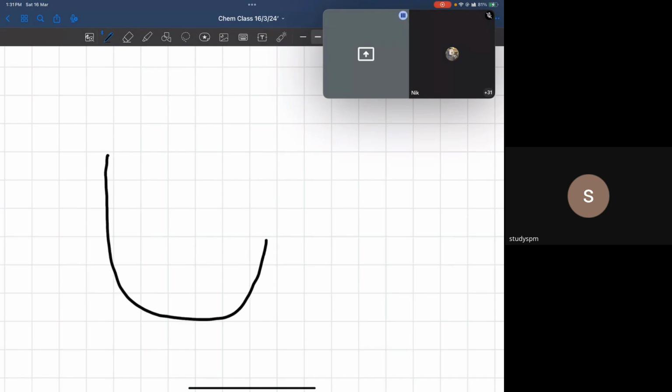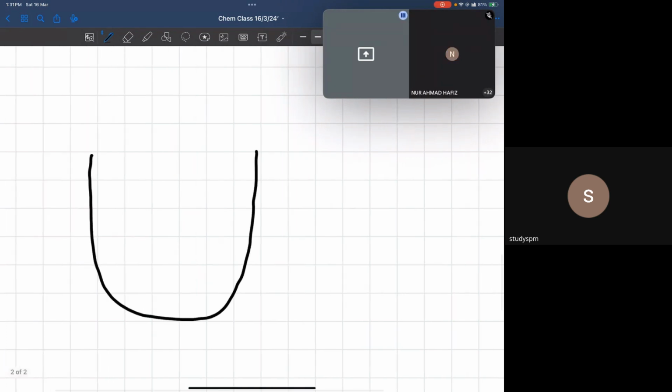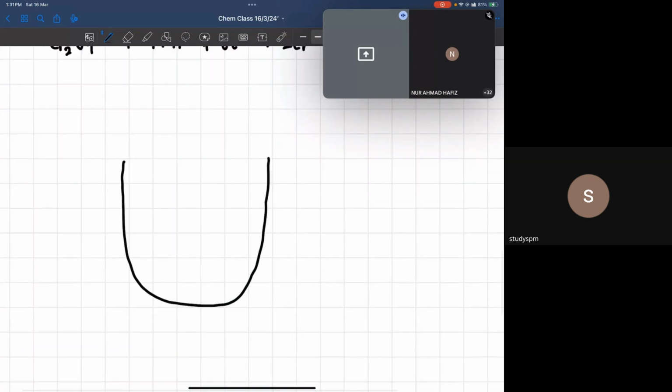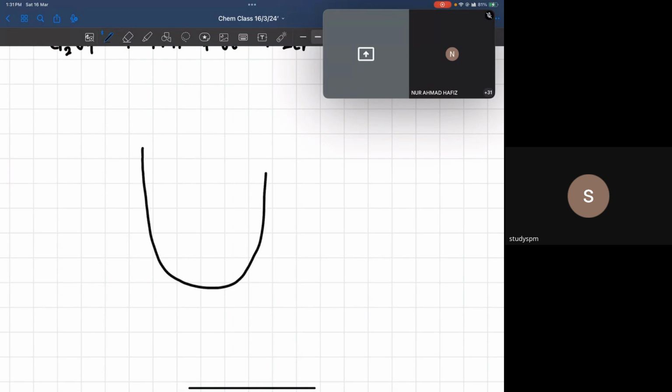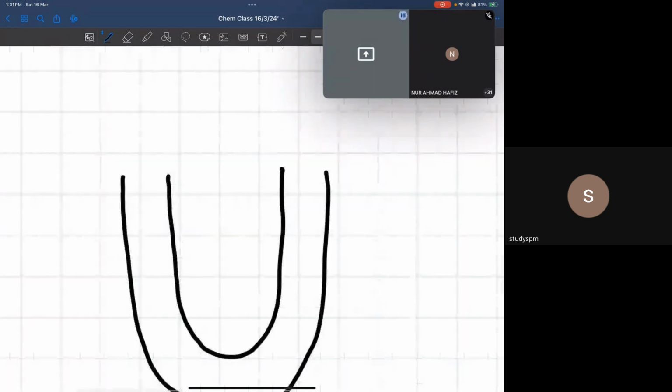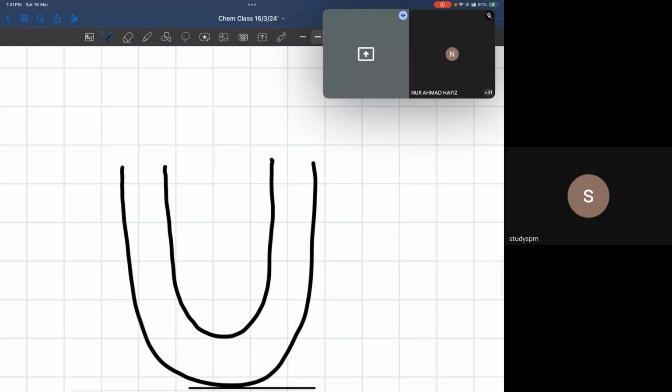This one is U-tube, not the YouTube that you guys like to watch. Wait, it's ugly. Okay, and then ada like this. Oh my god, it's ugly. Okay. And then this one, in the marking scheme, they call it as functional diagram.